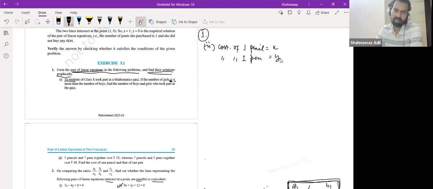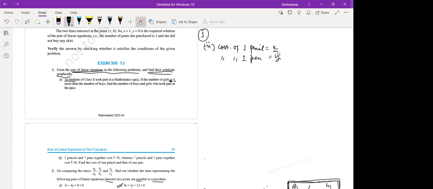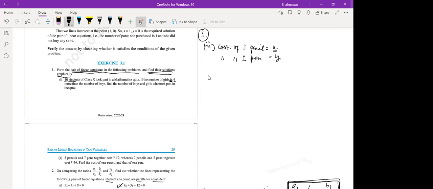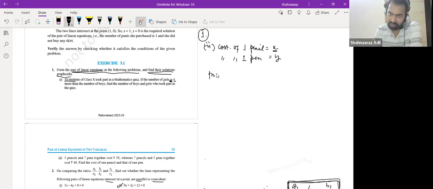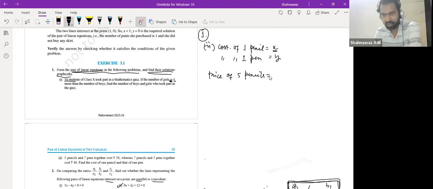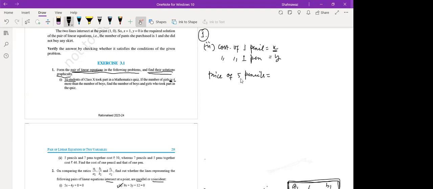So similarly, in this question, I have x amount, and 5 pencils I bought. So what would be the price of 5 pencils? One pencil is x.